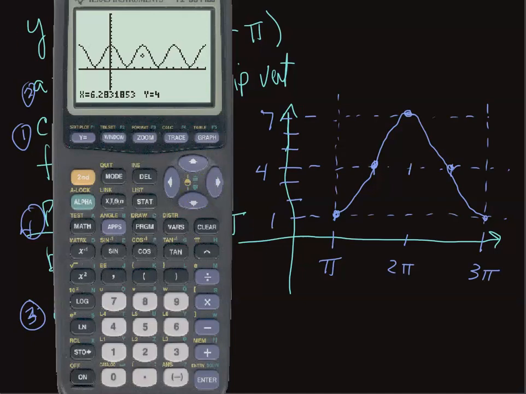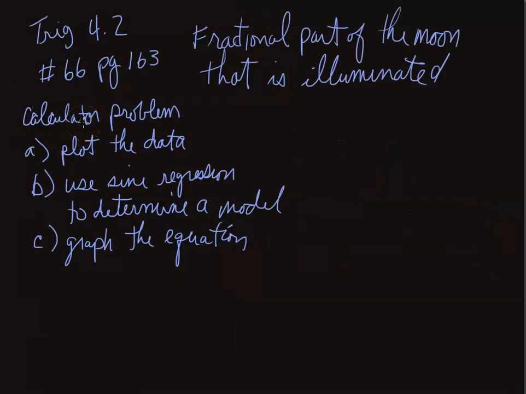So one last example from Trig section 4.2, problem number 66, page 163. This is a calculator problem. It is a list of the data for the fractional part of the moon that is illuminated. They want us to plot the data, use a sine regression to determine a model, and then graph the equation.